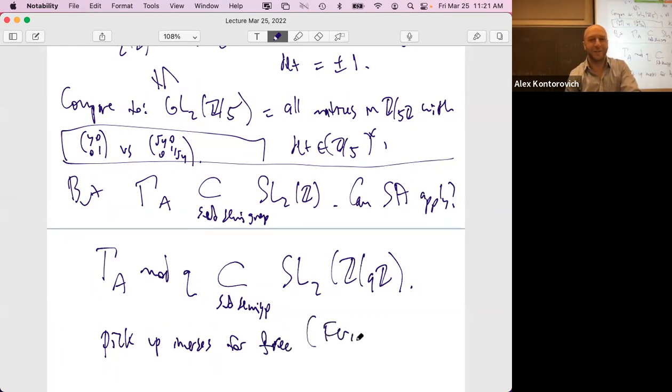This is Fermat or Euler or whatever, it's finite, right? So you multiply the element by itself, you get back to the identity at some point, which means it has an inverse.